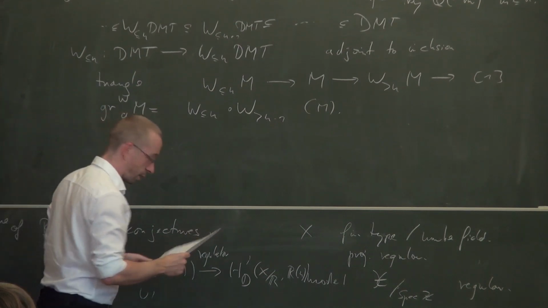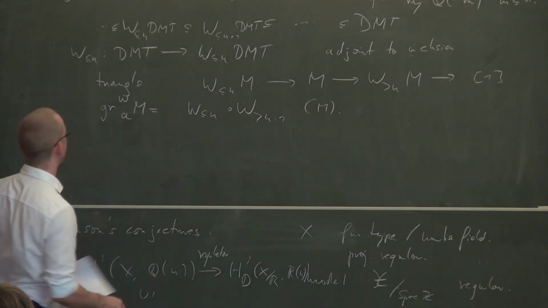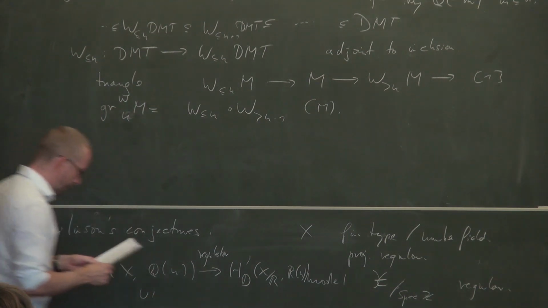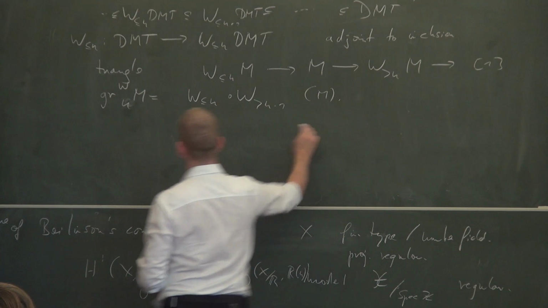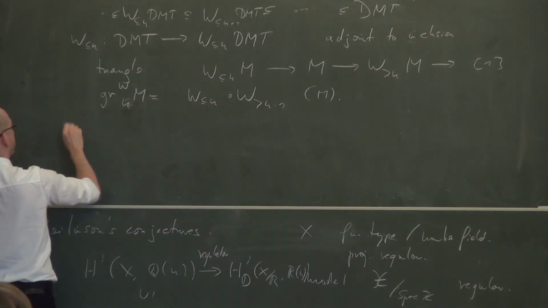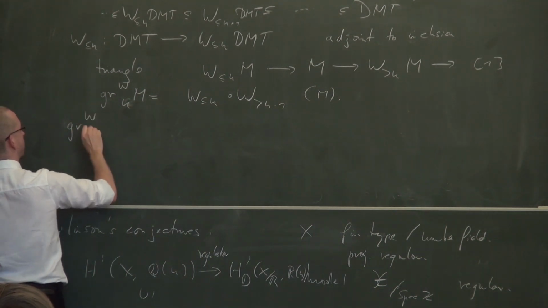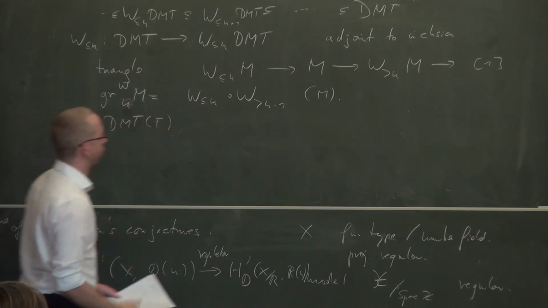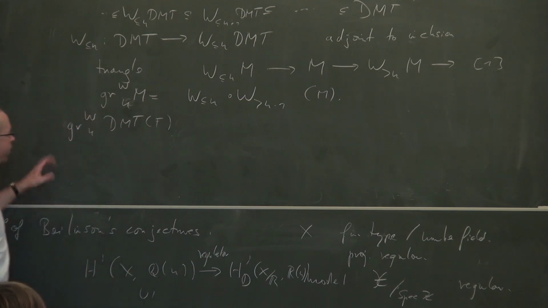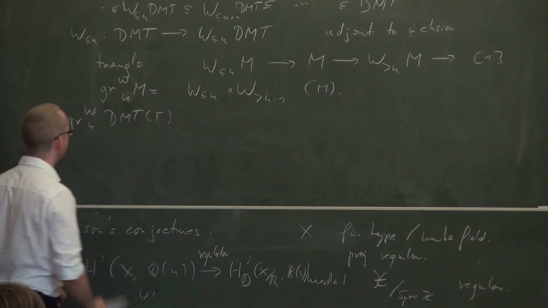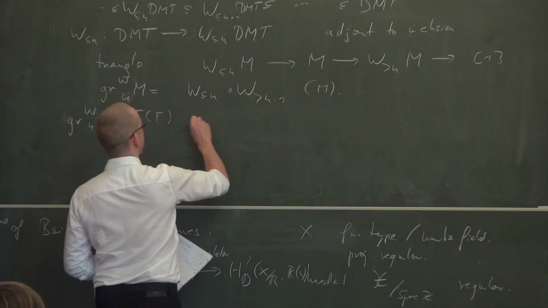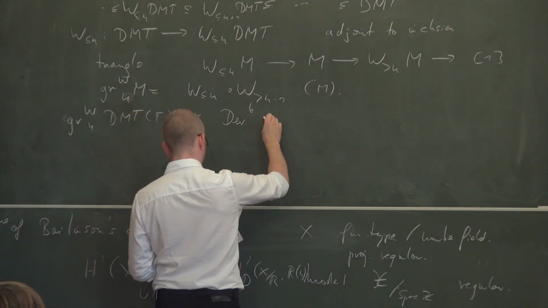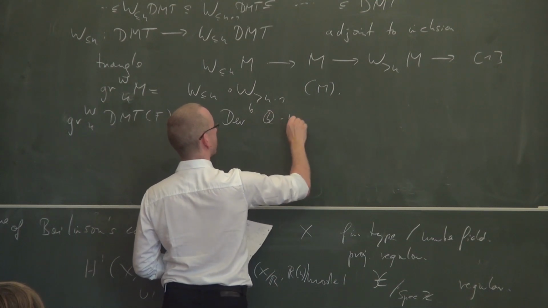Right. Oh yes, thank you, n. And then the bit, let me write it as GR^W_n DMT of F, those things that really are pure of weight n. This can be identified with a bounded derived category of Q vector spaces.